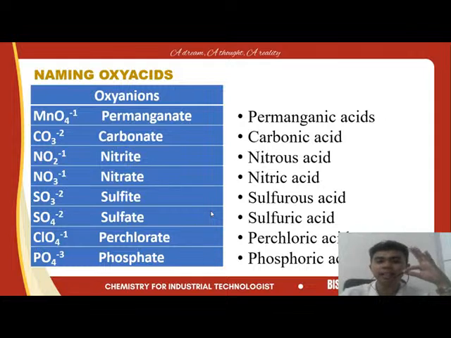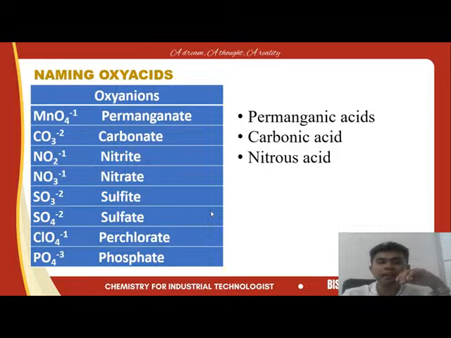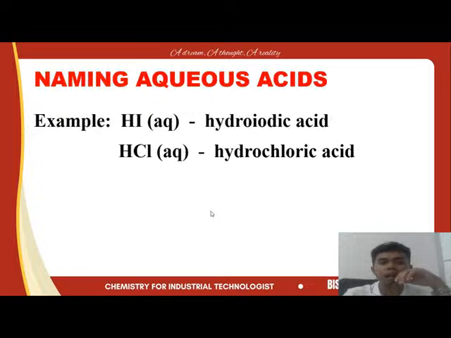It's very basic, and I hope that you understand how to name oxyacids, aqueous acids, and also those binary compounds that contain hydrogen.